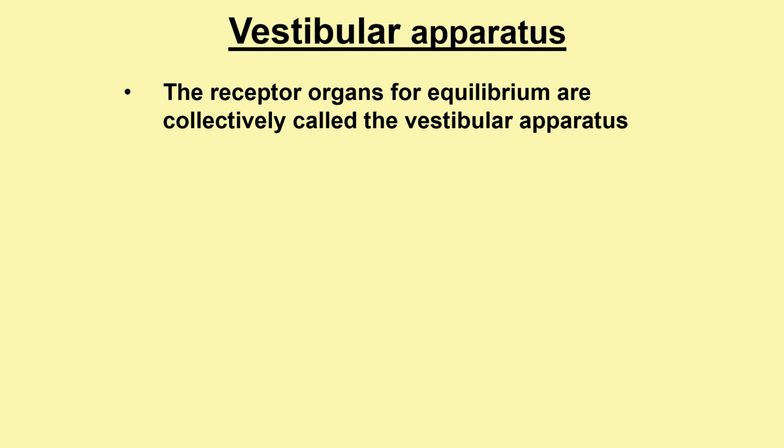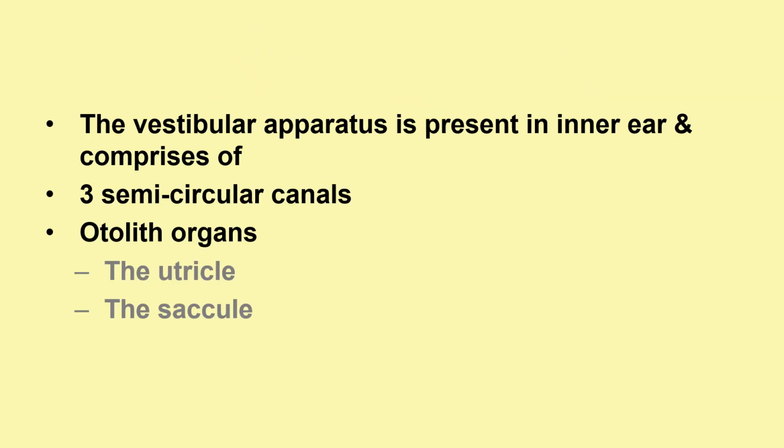When we are traveling in a bus, train, or lift, and when we are rotating ourselves, the vestibular apparatus is stimulated. It is present in the inner ear, in the petrous part of the temporal bone. It consists of three semicircular canals and the otolith organs, utricle and saccule.